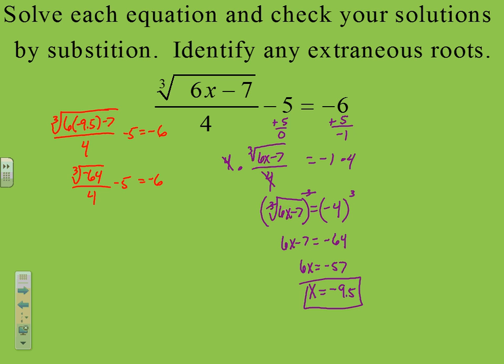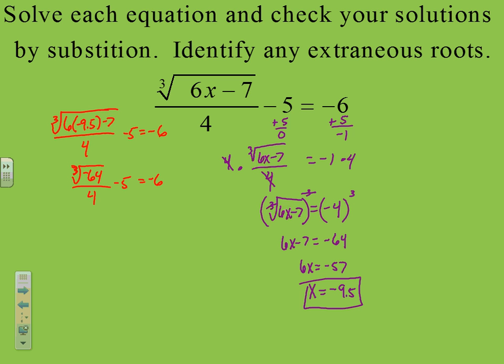Now, some of you may be wondering, hey, I have a negative number underneath the radical here. In this case, it's actually okay to have a negative number where that 64 is, because the value of the root is an odd number.